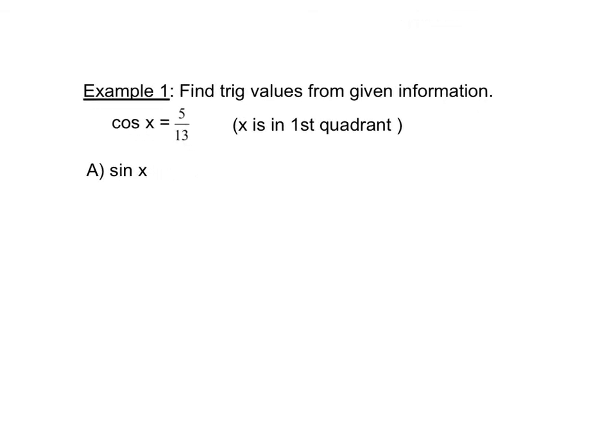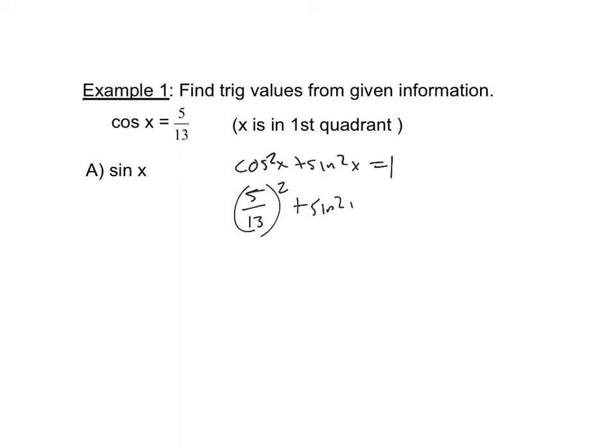So if cosine is 5 over 13, figure out sine. This all goes back to that same idea, cosine squared x plus sine squared x equals 1, that Pythagorean identity that we've talked about several times. So 5/13 squared plus sine squared x equals 1. That's 25 over 169.